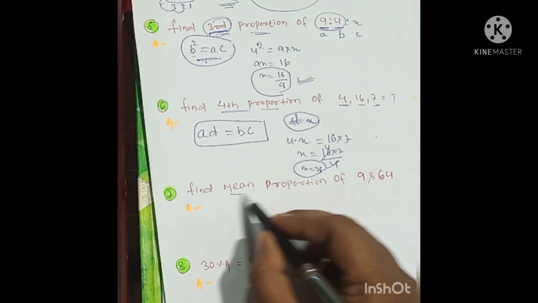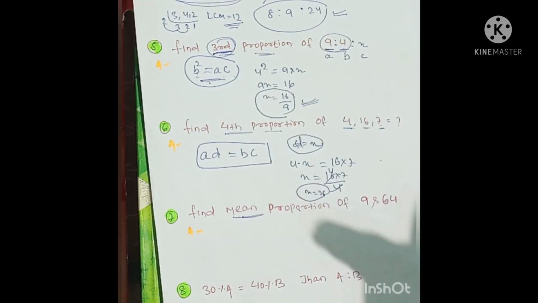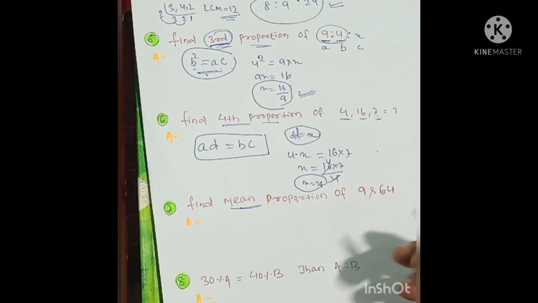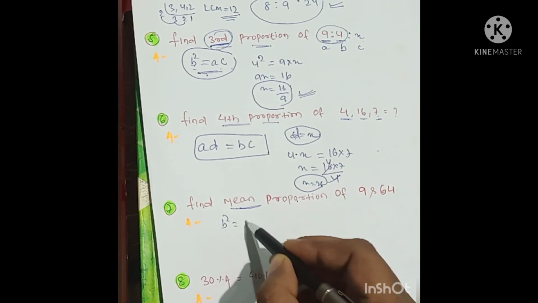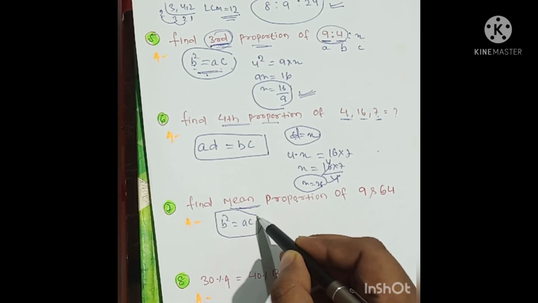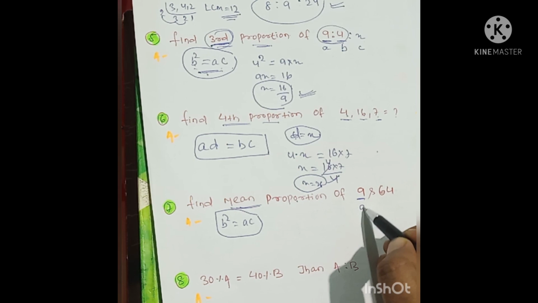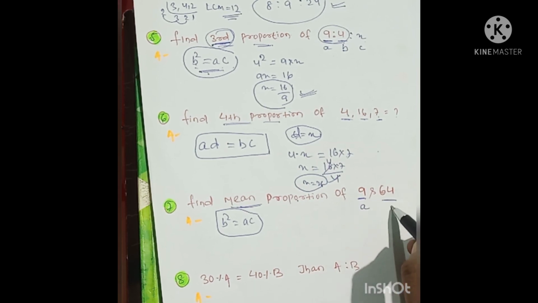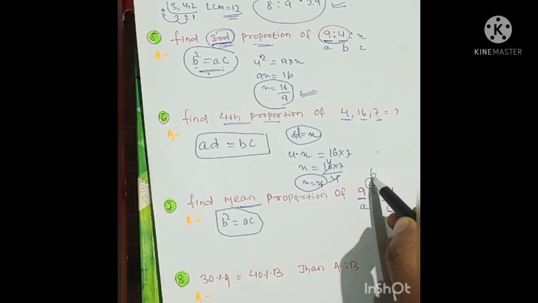Now, what is mean proportion? Mean proportion mainly resembles the third proportion, but it is somewhat different. Here the formula is the same, b square equal to ac. But who is a, who is b? That is the main thing. Here a is 9, and c is 64. Here b is the mean, so you have to find b.